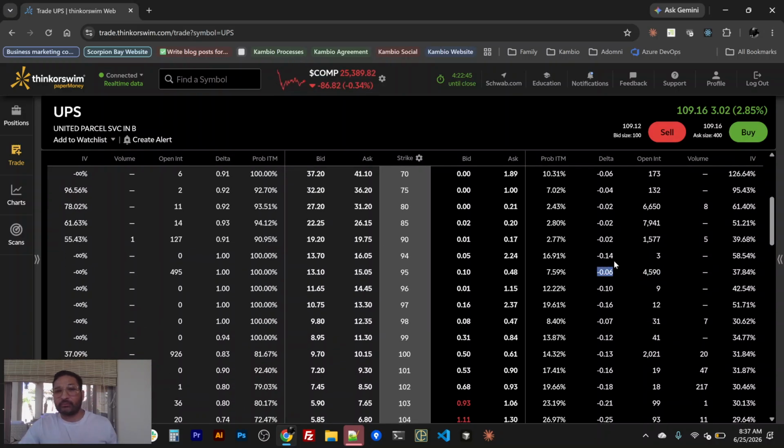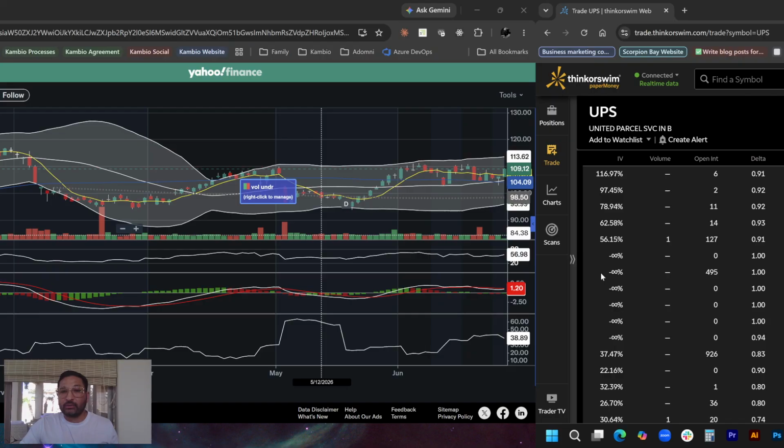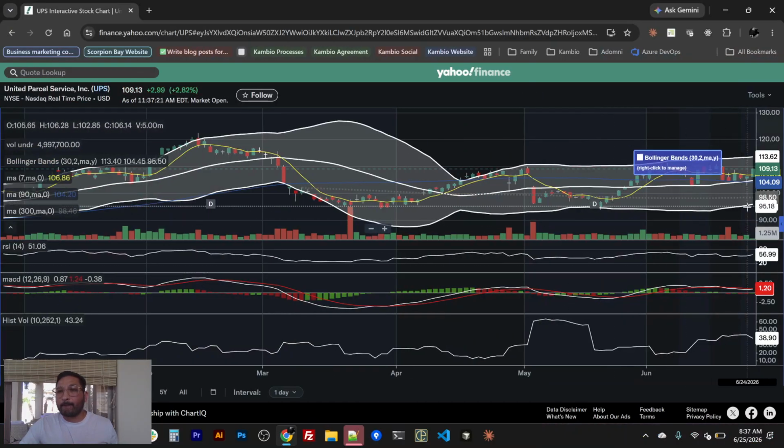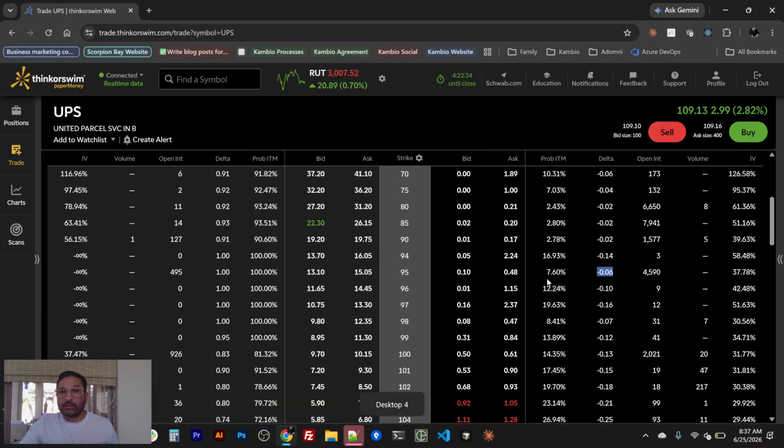That's interesting. 0.14 and a 0.06. That looks not right. Let's see, 95 and 90. That's actually decent. But the deltas are so small. I don't even think, yeah, our credit is going to be so low. There's like no credit in there.